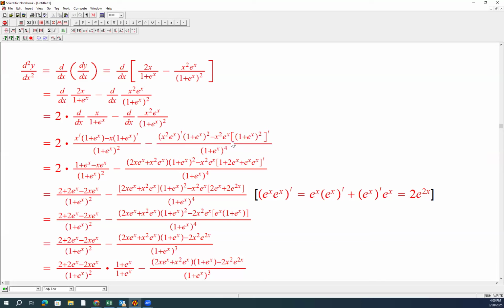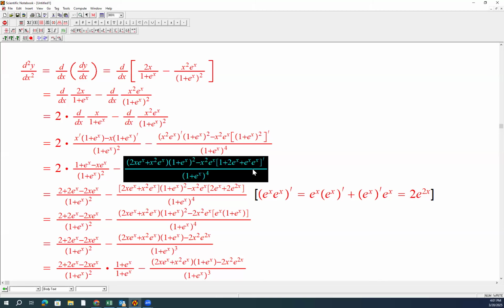Well, remember we have not learned chain rule, so we're not going to apply chain rule yet. So to differentiate this piece, we're going to expand the square. So 1 plus 2 times e to the power x plus e to the power x times e to the power x. So this is basically e to the power 2x.